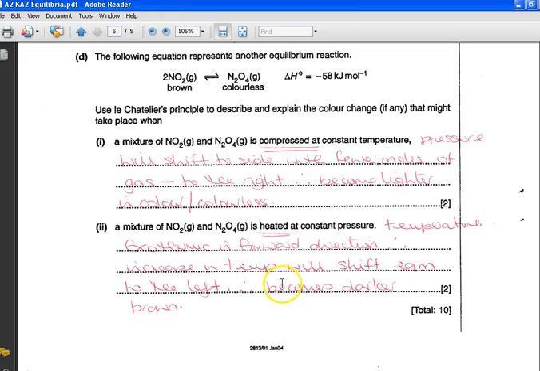And then the same here, if we heat it, we know it's exothermic in the forward direction, it tells you that here, delta H. So your increase in temperature will shift to the left, which means it will become darker brown. And please make sure you know the difference between your left and your right, because some of you would say it went to the left and became colourless. So obviously there's a bit of confusion over left and right.